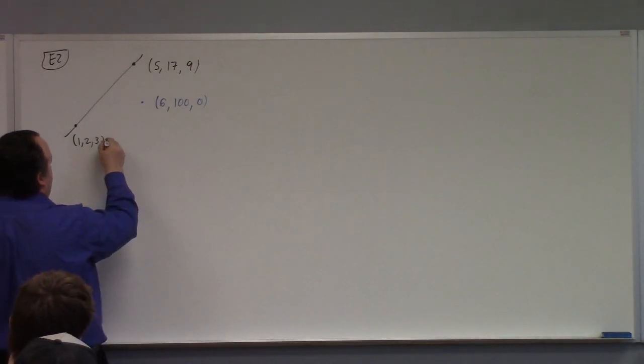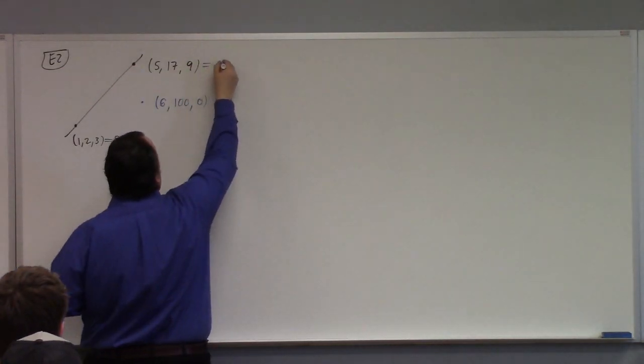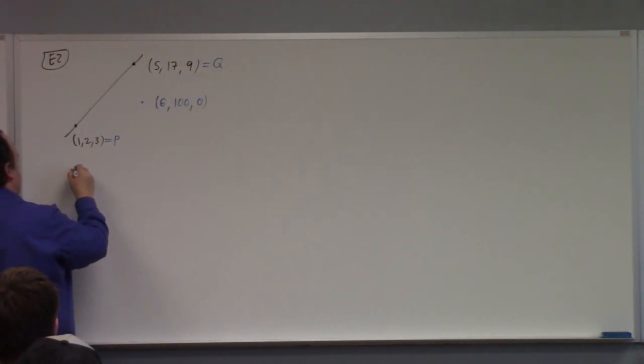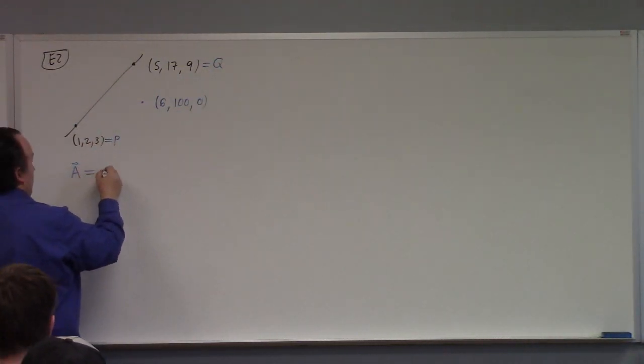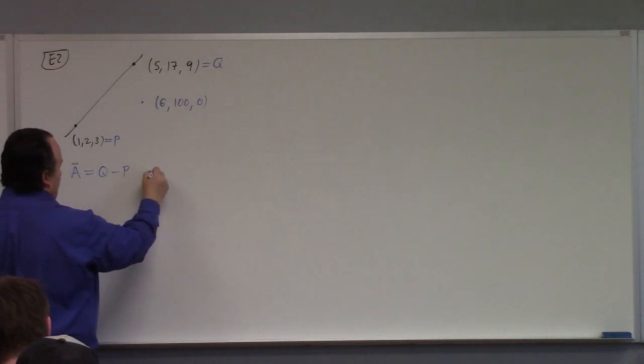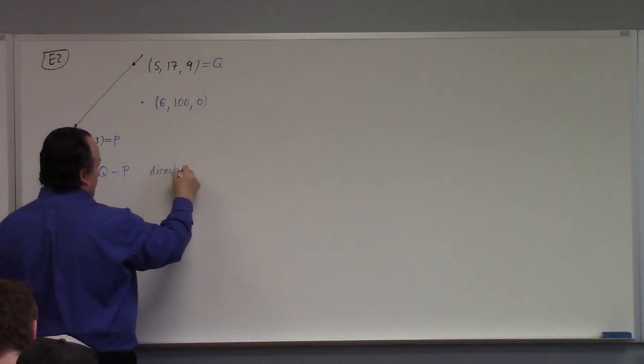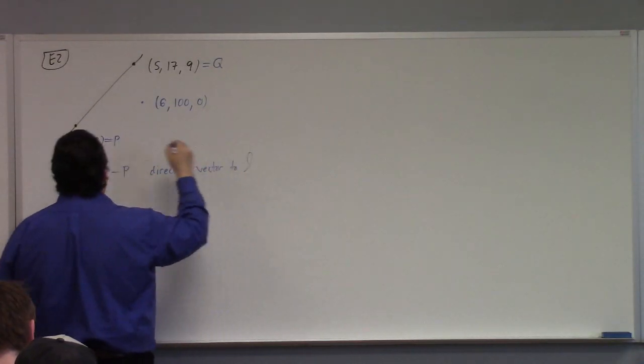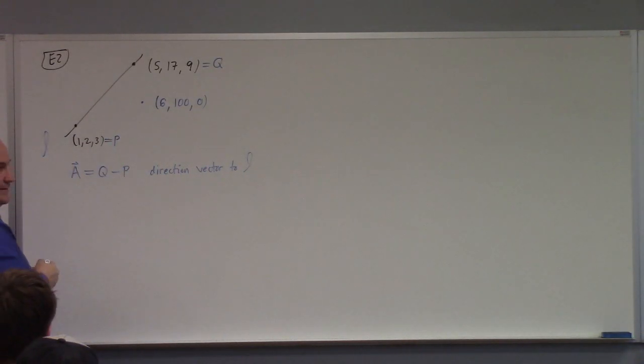So if I call this, let's say P, and I call this, let's say Q, then if we let A equal to Q minus P, this gives a direction vector to the line, right? Call this line L, right?